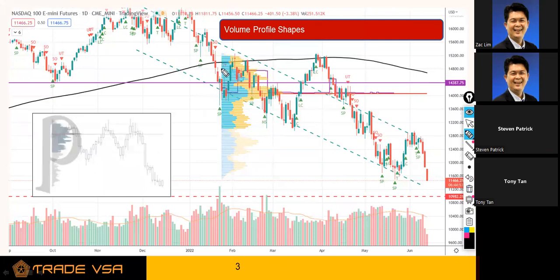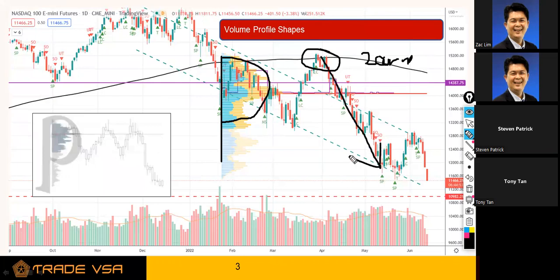Once you have the development of a P like this, and this structure is touching the 200 MA, it will be very dangerous, because it can shoot very low for a position. When you are investing, you can hold that long, but this also depends on your experience and your courage.